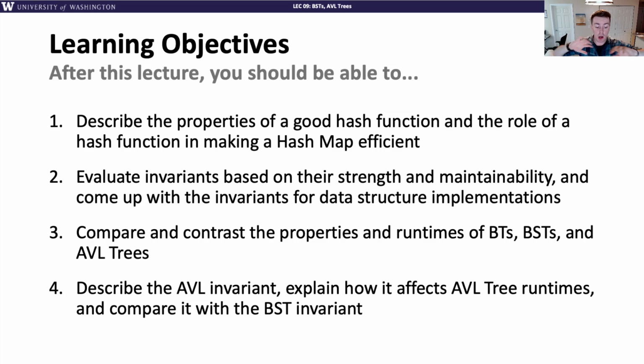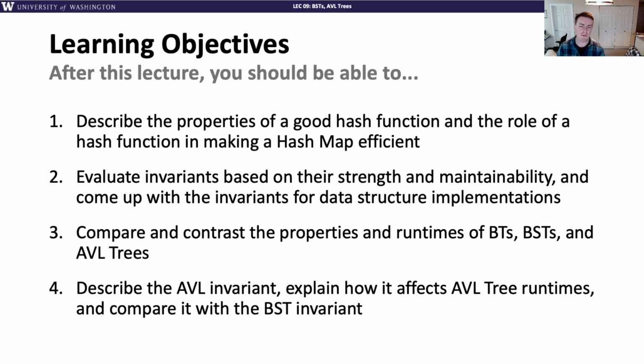So for today's learning objectives for all our videos, we're going to be able to describe the properties of a good hash function and the role of a hash function in making a hash map efficient. And then in the other videos, we're going to be talking more about invariants in trees.